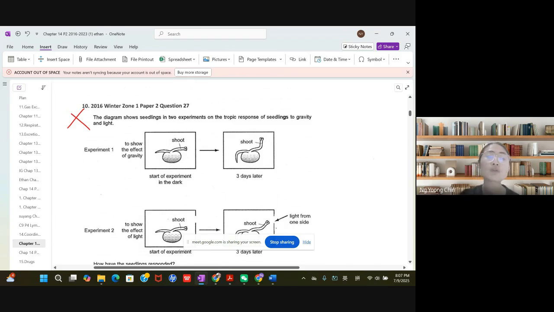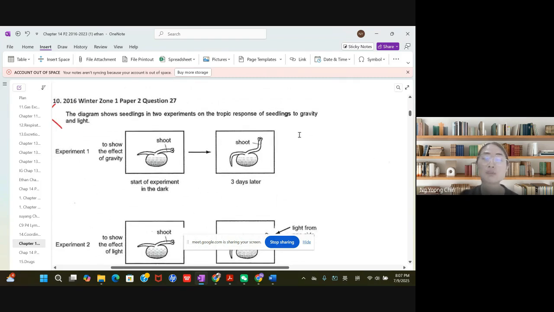You know why it shows gravitropism in the first experiment? Gravitropism shows the response towards the direction of gravity. So the roots will grow downwards. Why are the roots able to grow downwards? It is because the roots show positive gravitropism.